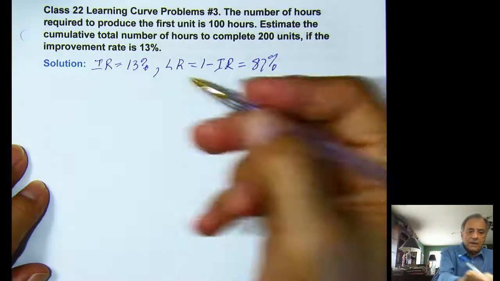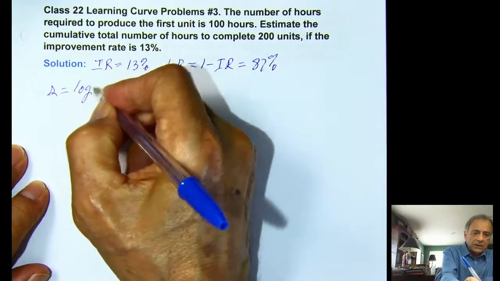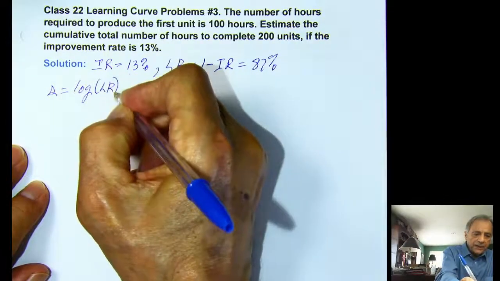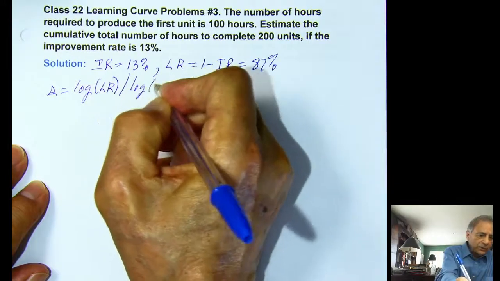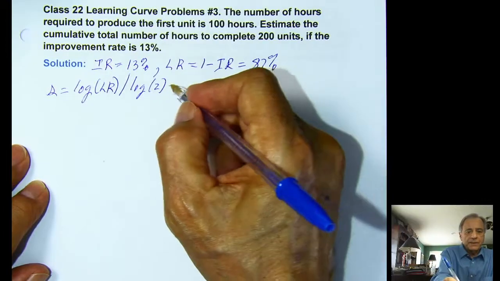And then I want to calculate S, which will be equal to the log of the learning rate divided by the log of 2. Which we can get now pretty easily.